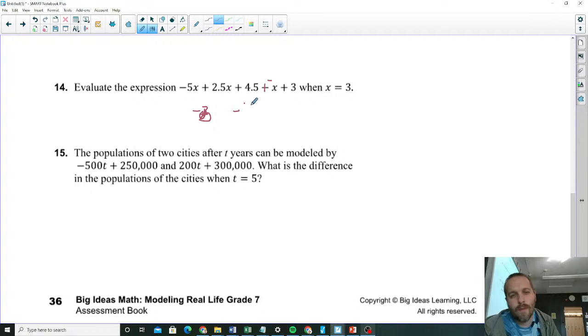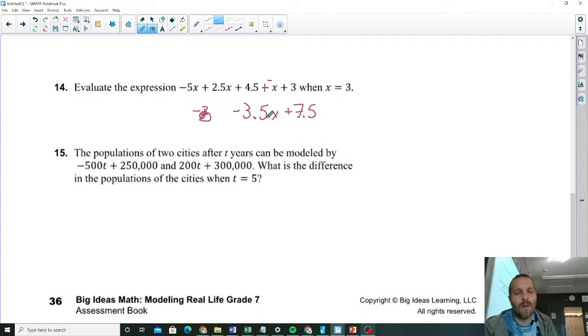My computer's very slow. And then we have 4.5 plus 3, which is 7.5.